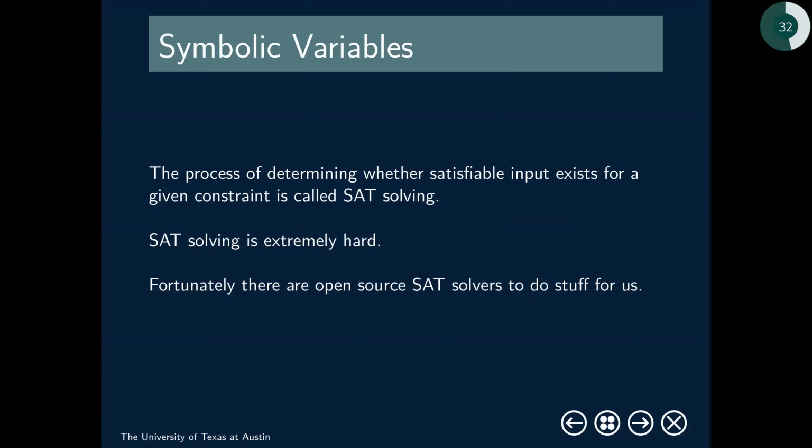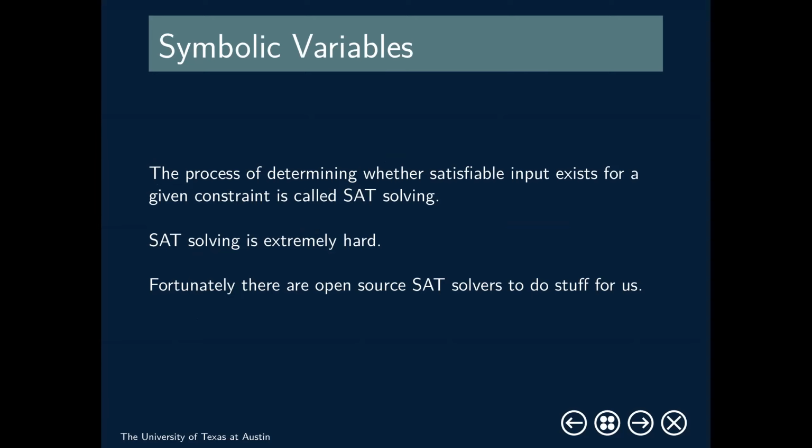So the process of doing this is called sat solving. It's satisfiability. So if we have some system of equations and we want to find what's called a satisfiable input for some set of constraints, we do this by sat solving.